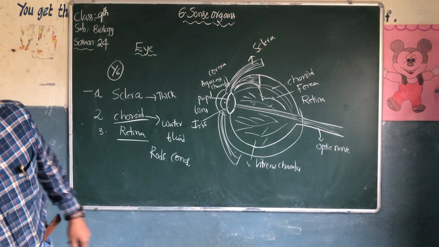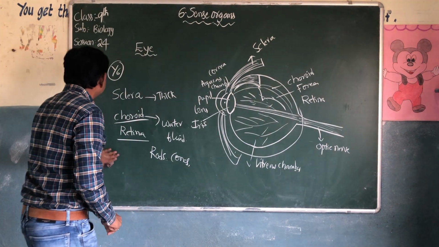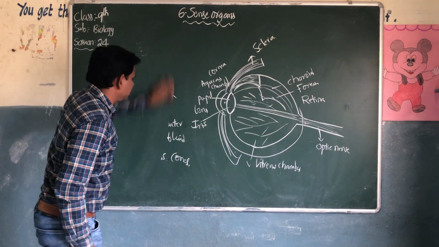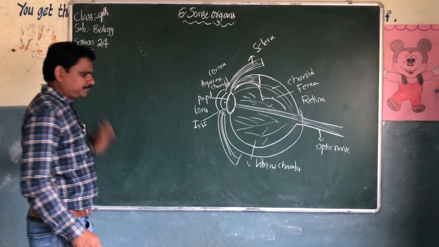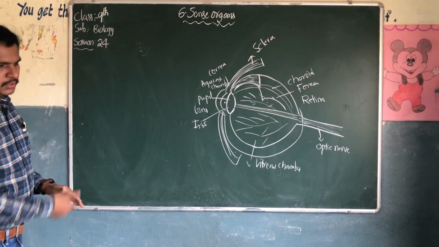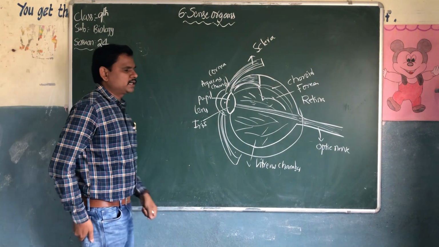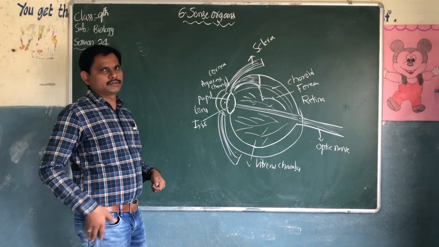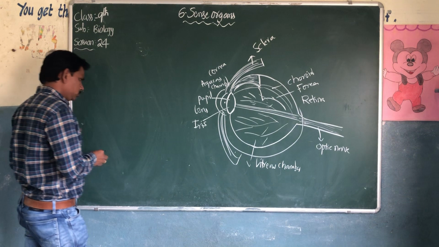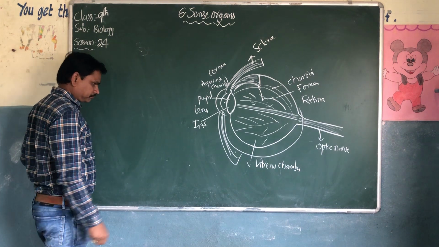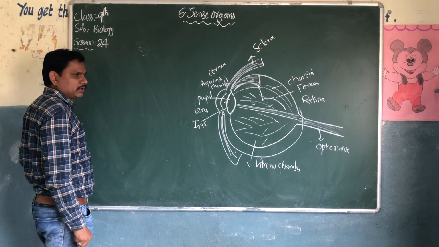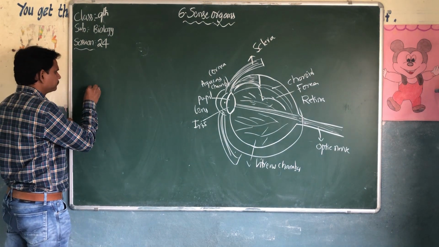Next, what are rods and cones? There are many rods and cones present in the eye. Some cells look rod shaped, and some look cone shaped.